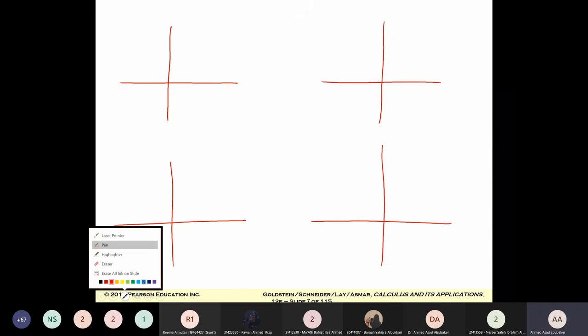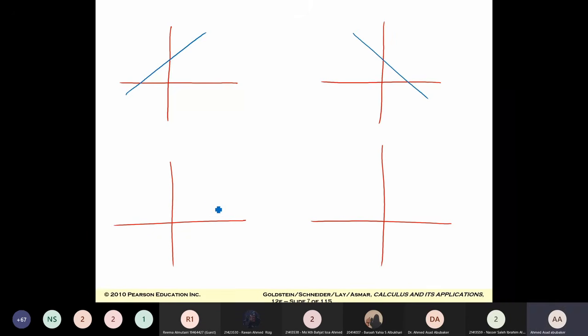Sometimes we have increasing, decreasing, horizontal, and vertical. Okay, this is the line. Okay, again.